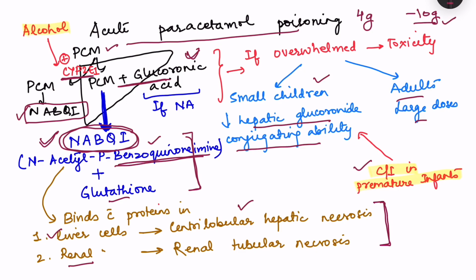So in them we see that even a lesser dose can cause acute paracetamol poisoning. So you see the toxicity is generally seen with 10 grams, but the dose is limited to 4 grams. The maximum dose which can be given per day is limited to 4 grams, because in some people, like in chronic alcoholics, production of this toxic metabolite is more. So even a lesser dose can cause toxicity, right?